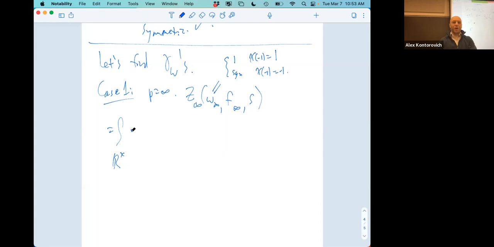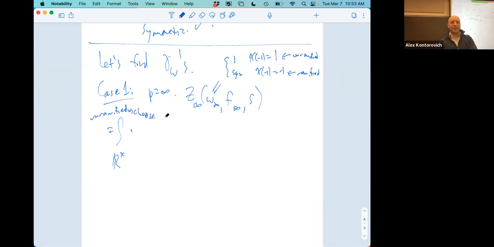So this is either 1 or the sign. By the way, this is called unramified at infinity, and this is called ramified. So if the infinite place is unramified, let's work on that case.